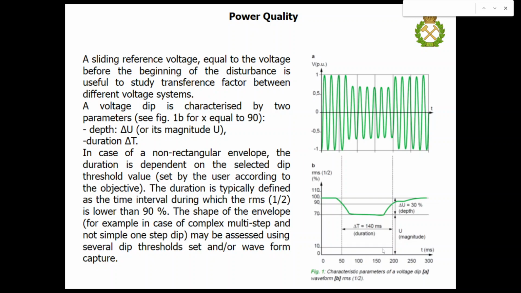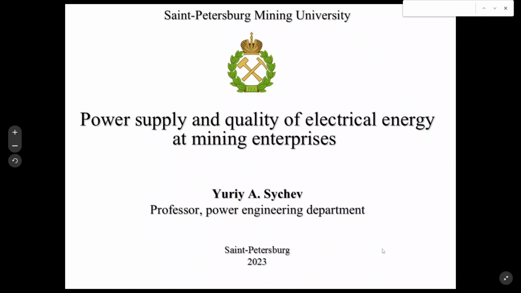And for each equipment, for sensitive or unsensitive equipment, we should have such characteristics for voltage dips and deviations, because, for example, a depth equal to 30% will be not so dangerous for typical equipment, but for other sensitive equipment, such 30% depth voltage can be dangerous.